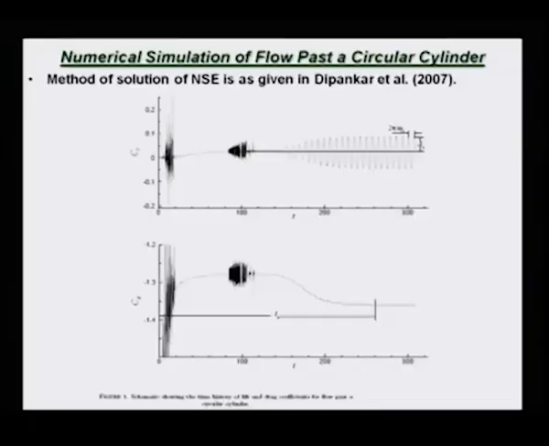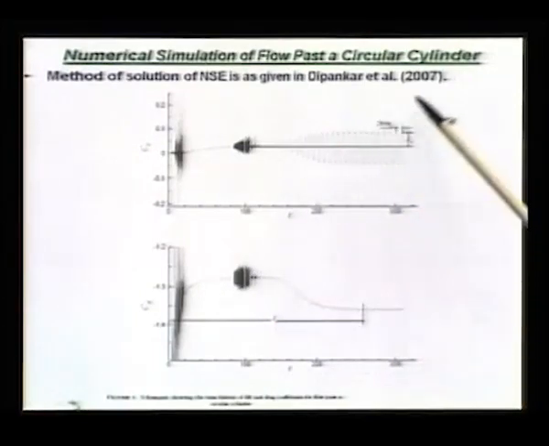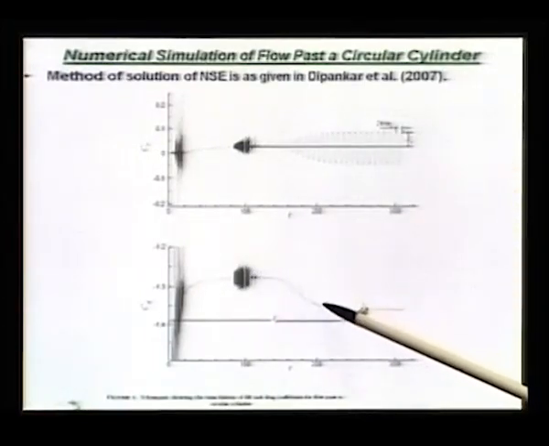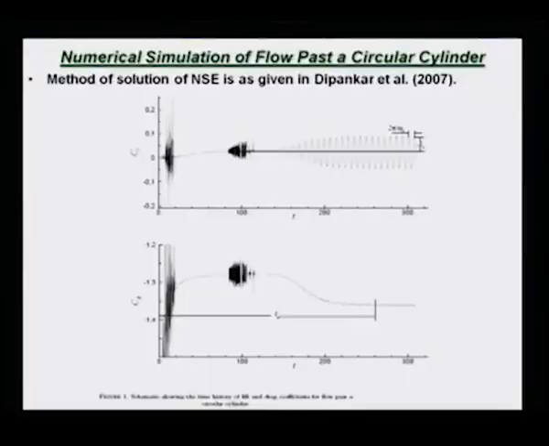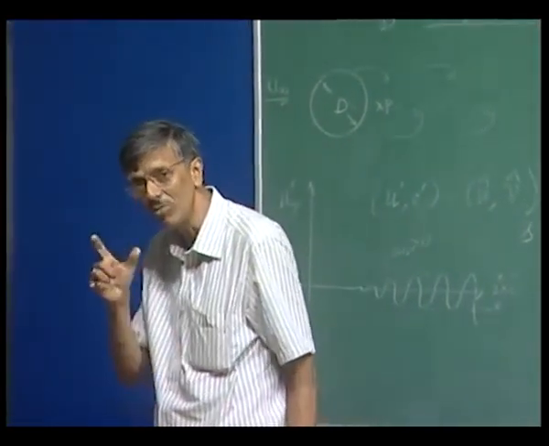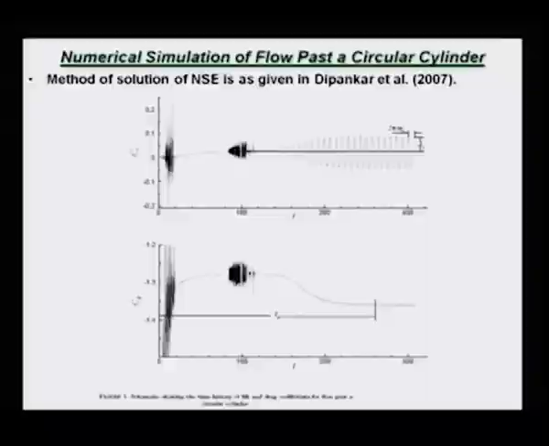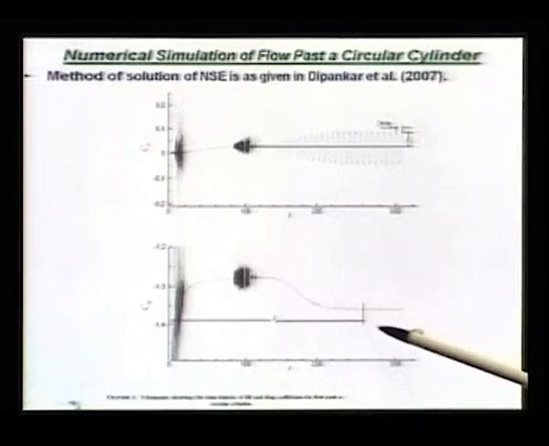Although in a transient phase the drag goes high, when you reach the equilibrium state you actually come down to a low drag configuration. So this kind of nonlinear stabilization is nature's way of optimizing and bringing it to a low drag configuration, and this kind of periodicity is also seen here.